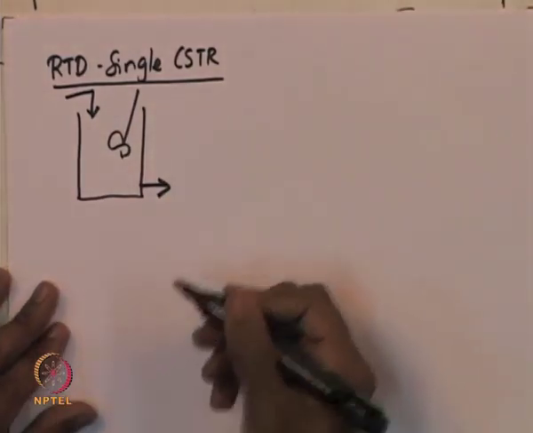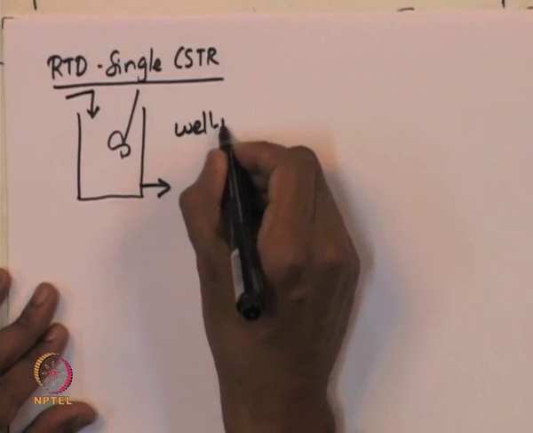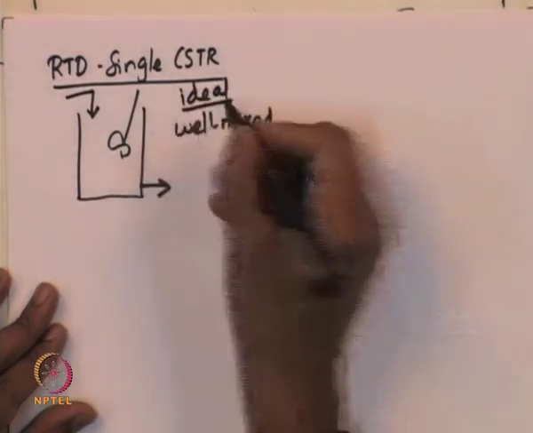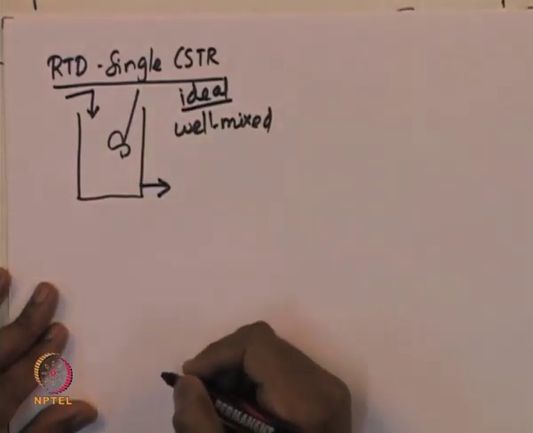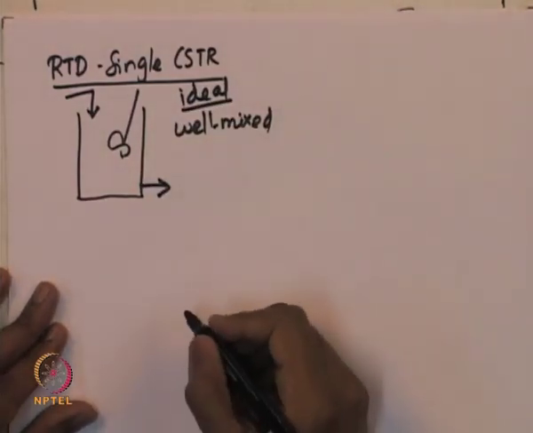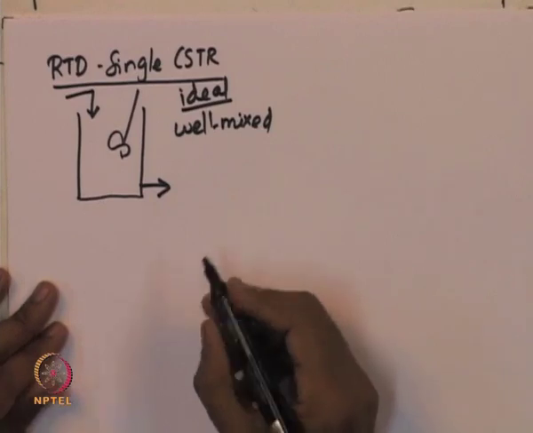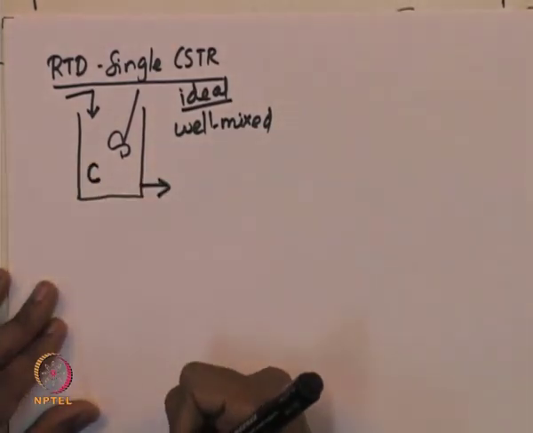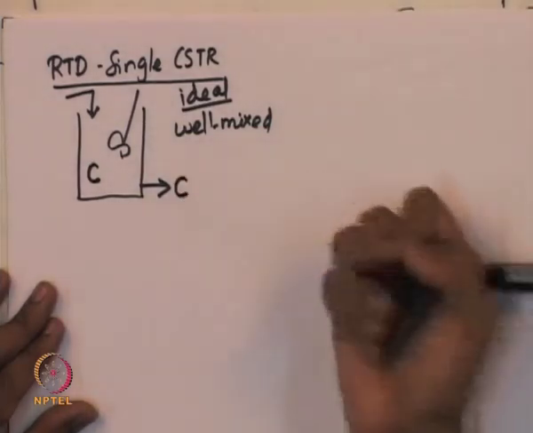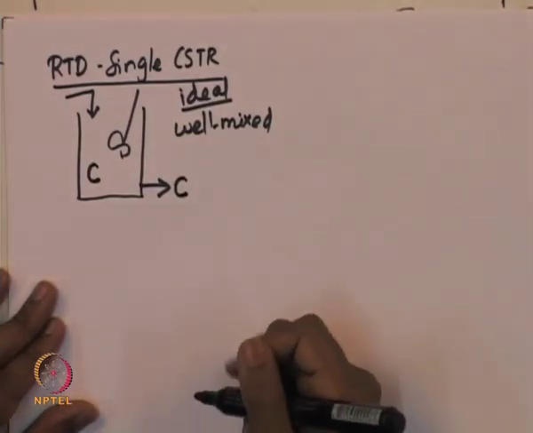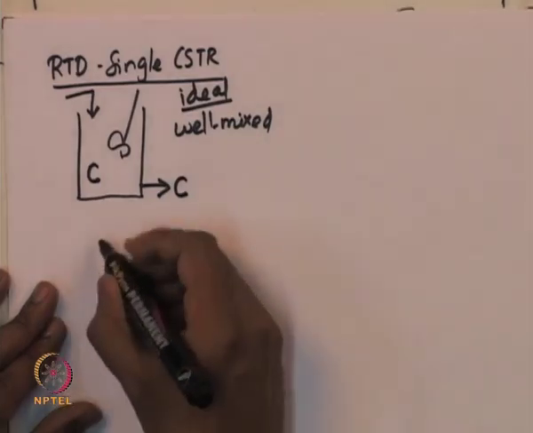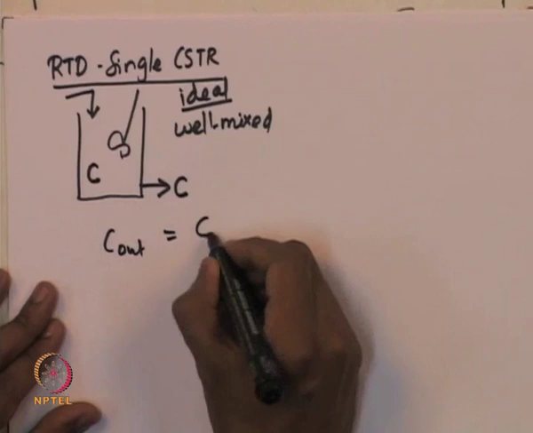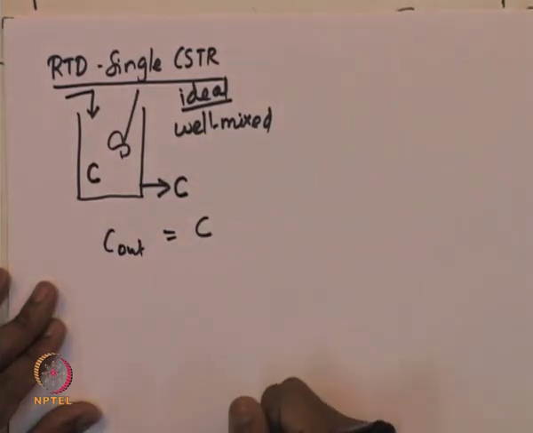The CSTR is assumed to be an ideal CSTR, and therefore a completely well mixed system. Because it is completely well mixed, the concentration of the species inside the reactor should be equal to the concentration in the effluent stream, which means the outlet concentration is equal to the concentration in the reactor.